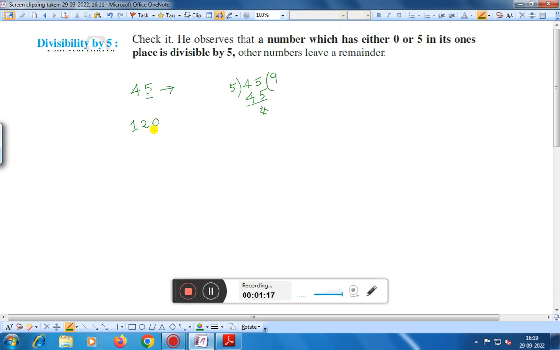Here you see the last digit is 0, therefore it will also be divisible by 5. Let us divide 120 by 5. 5 ones are 5, 12 minus 10 is 2, 5 fours are 20, and we get 24.